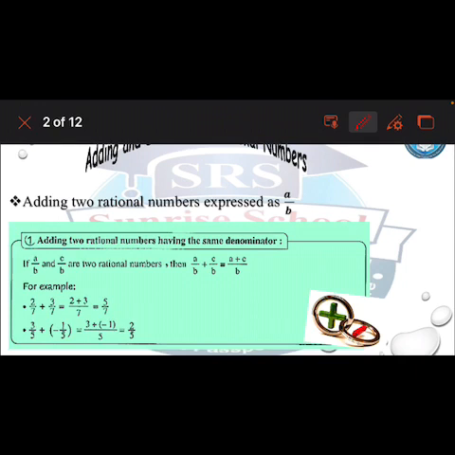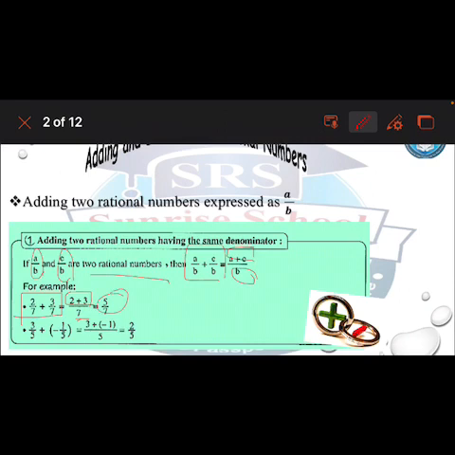If a over b and c over b are two rational numbers, then a over b plus c over b will be a plus c over b. Example: 2 over 7 plus 3 over 7 equals 2 plus 3 over 7, which is 5 over 7.